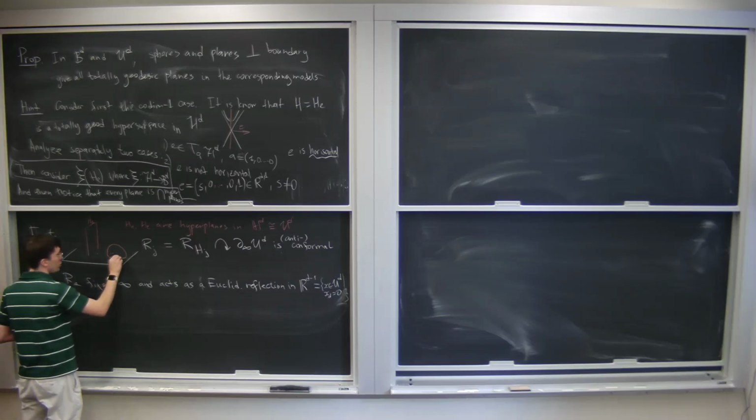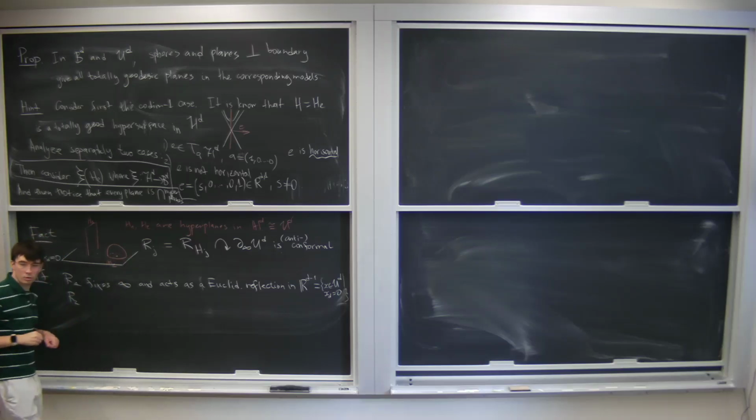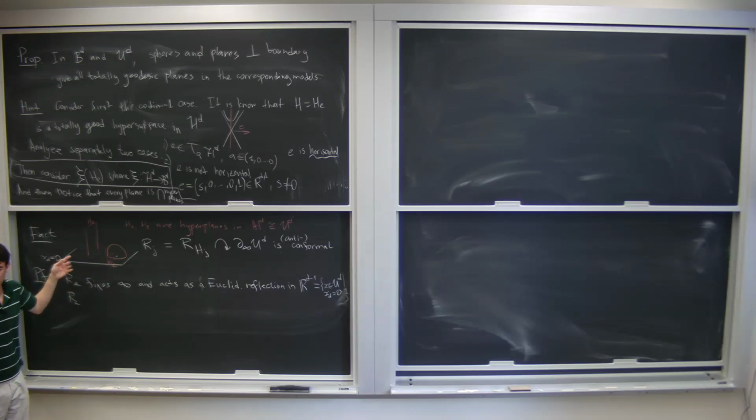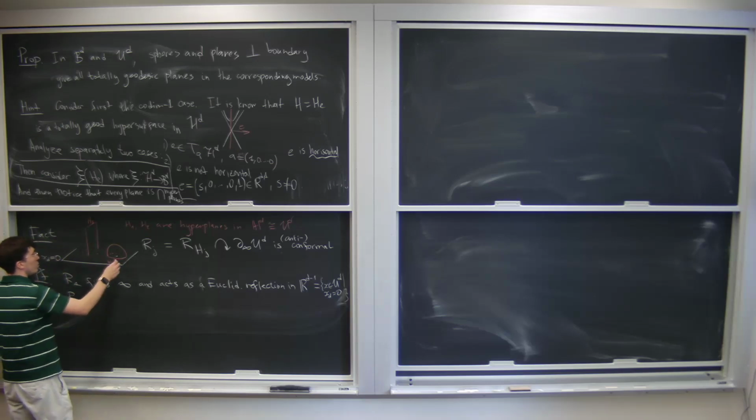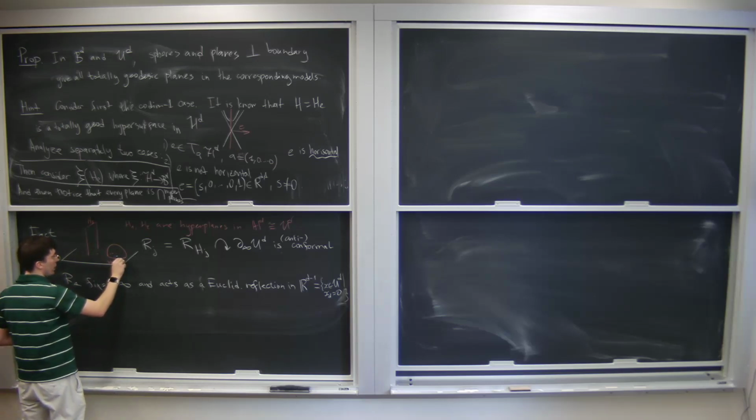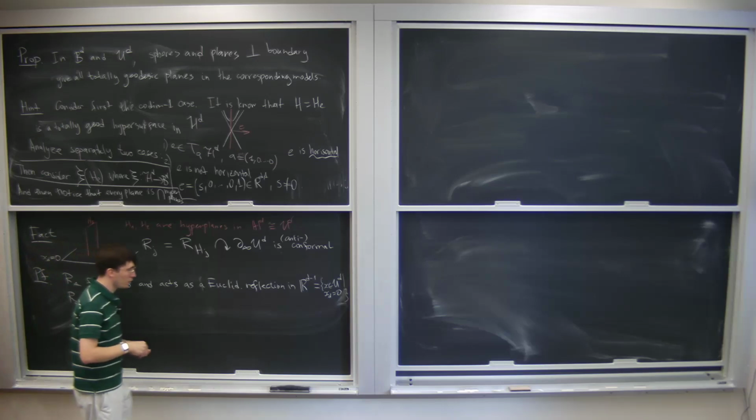R2 interchanges the center with infinity, right? And it acts also as just the Euclidean inversion with respect to, so let me denote this boundary.